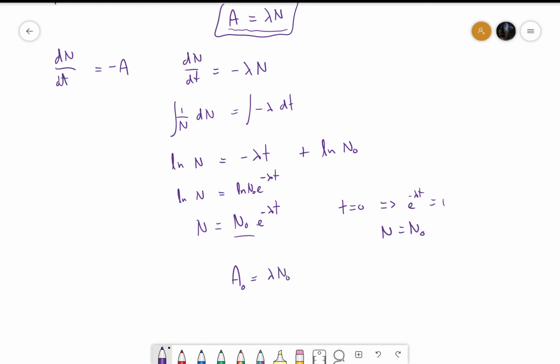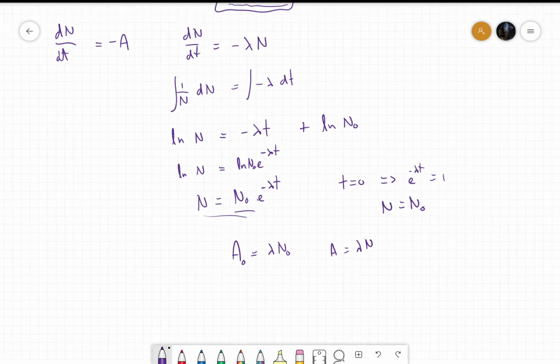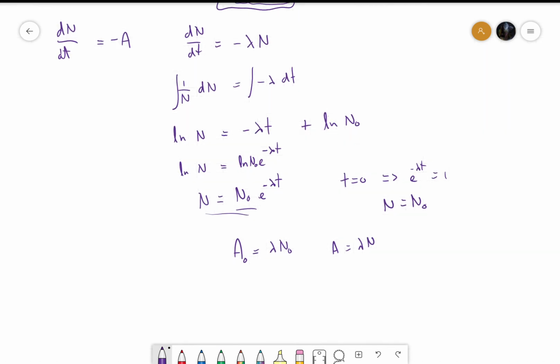And after some time t, the activity of my sample would be equal to lambda N. So therefore, I can substitute in A for N and A naught for N naught in this equation because they're both simply multiplied by lambda. So I could cancel the lambdas, or multiply both sides of that equation by lambda, and write it as the activity after time t is equal to the initial activity e to the minus lambda t.